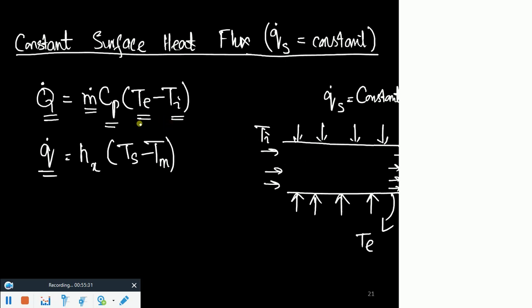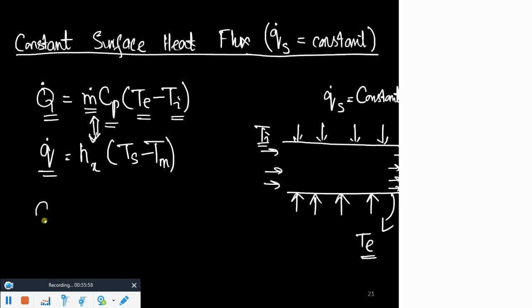This is the heat transfer rate, and this is the heat transfer rate per unit surface area due to convection. According to the law of conservation of energy, these two remain equal to each other. Why? Because inside the pipe, the heat transfer mechanism is simply convection.